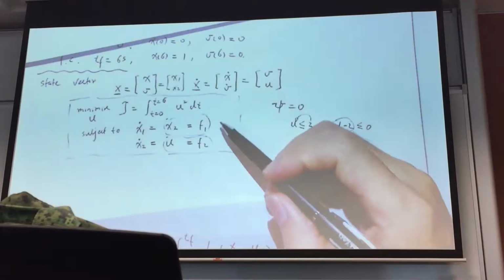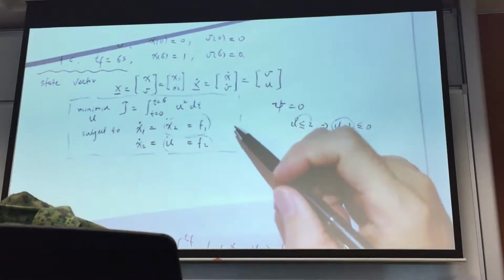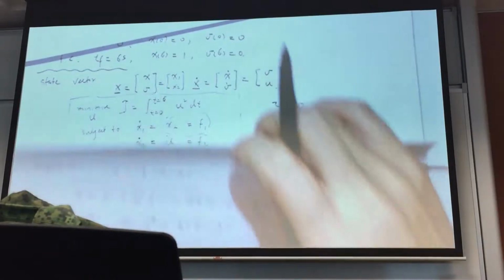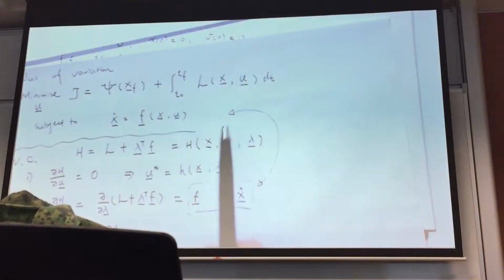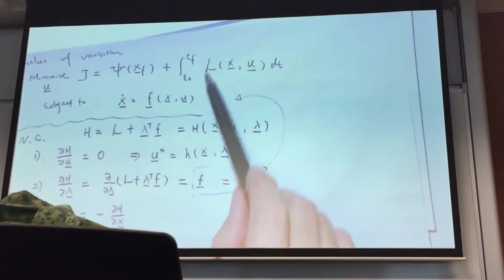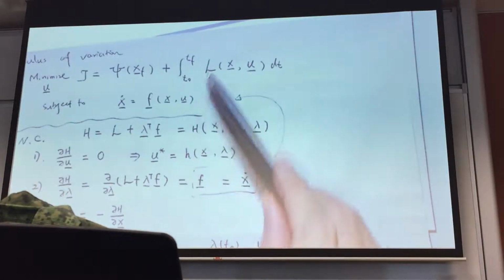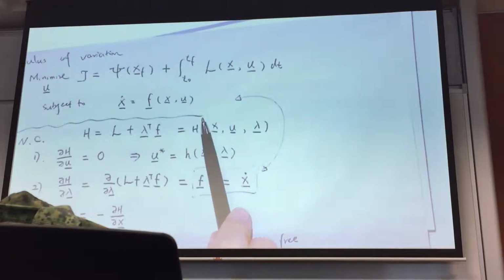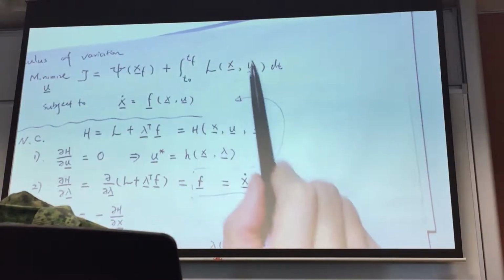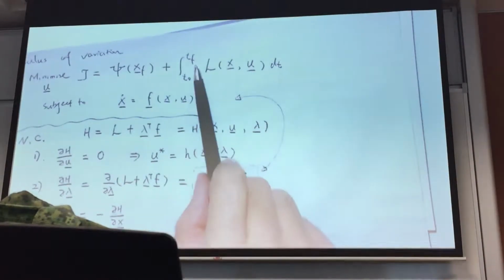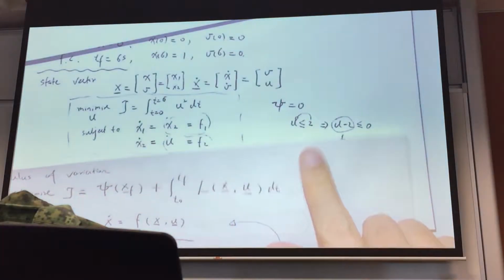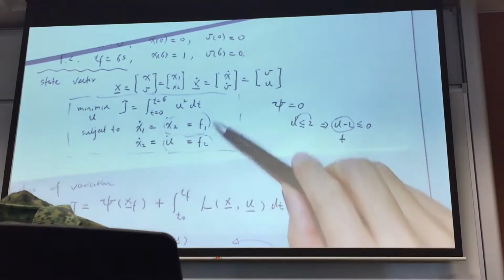In previous years, typically the problems here were, firstly, some students forgot to use the L to construct the Hamiltonian. You must use the function inside the integral. Secondly, how to construct this f.